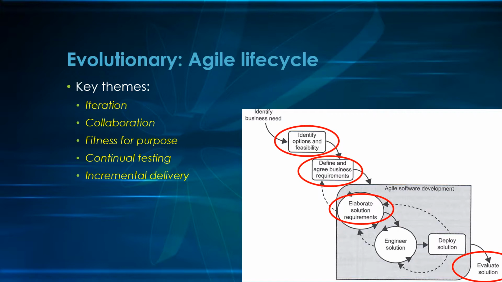The individual steps, once the need has been identified, are to identify options, costs, benefits, impacts, risks, and everyone agrees on the preferred option. Define the requirements, in this case at high level only, scope and features with priorities. And then elaborate solution requirements within the iteration. Some of the methods used for this would be storyboards and prototyping.